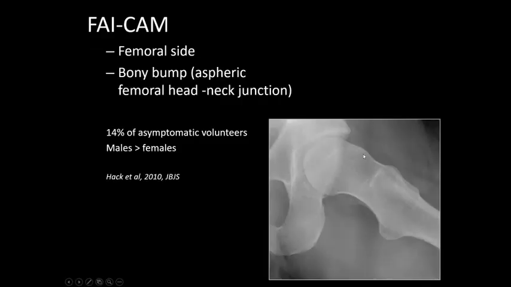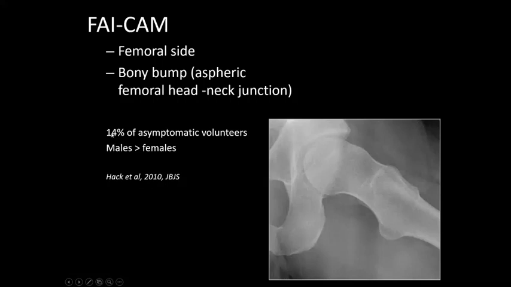Yes, absolutely. So this is the cam type of femoroacetabular impingement, which is a bony bump or asphericity of the femoral head-neck junction. You can call it whatever name you like, but as long as you call it cam deformity, that's all that matters. We need to remember that not all patients with cam deformity are symptomatic.